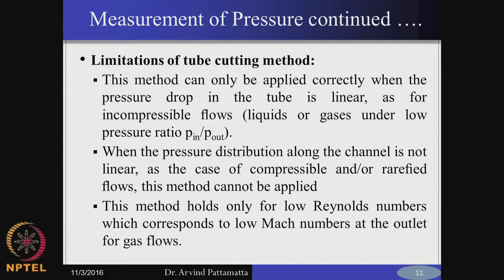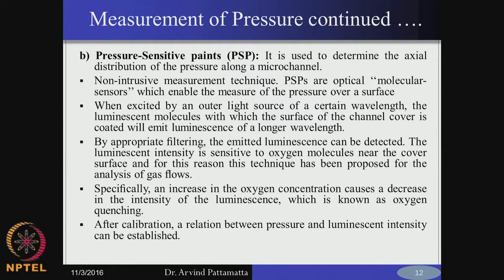If the pressure distribution is not linear, as in the case of compressible flows, the method cannot be applied. So there is a shortfall of this method: you cannot extend it to all kinds of flows, especially slightly higher Mach number flows, very large pressure ratios, or compressible flows. In such a case, you have to use other techniques.